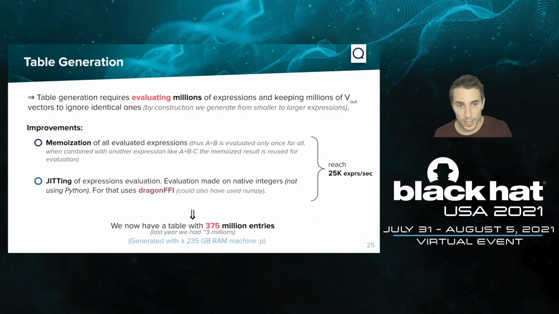We're also using jitting to evaluate the expressions at native speed, because our implementation is in Python, but all the evaluation is made in C. What we have been able to reach is like 25,000 expressions per second in terms of throughput. And we now have tables of 375 million entries, which is kind of satisfying.